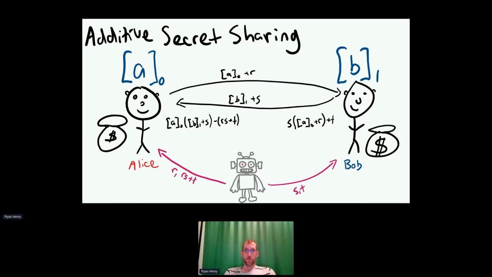Now we are subtracting RS and T and then adding back the T, which cancels out the two T's, and the RS cancels the one that we wanted to get rid of before. And lo and behold, what we end up with is precisely the product we were looking for. And then by doing this also with the other term that we didn't have, we've now successfully computed shares of the product A times B without Alice learning A or Bob learning B.